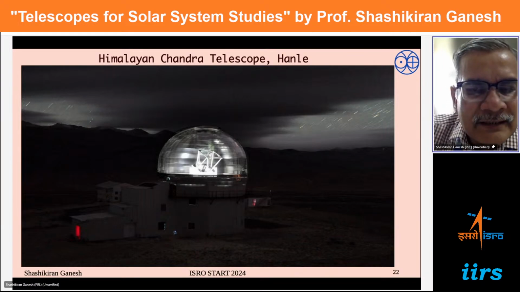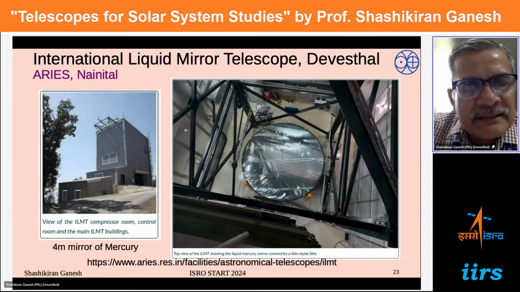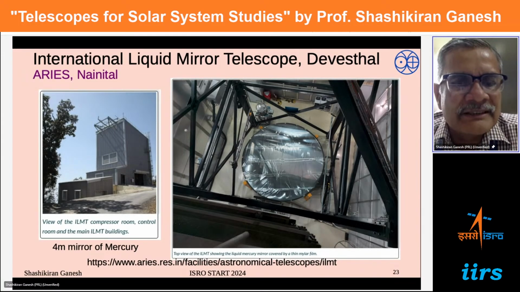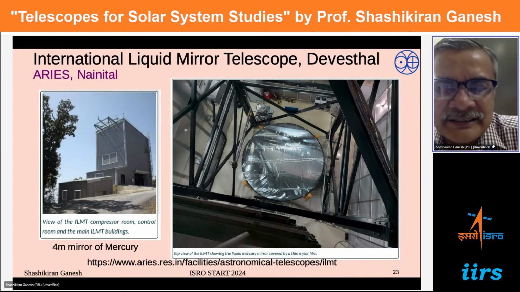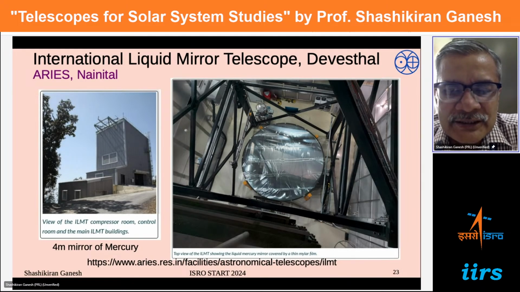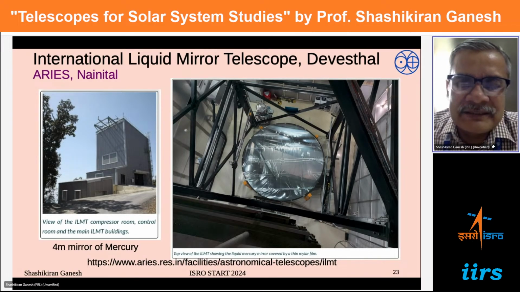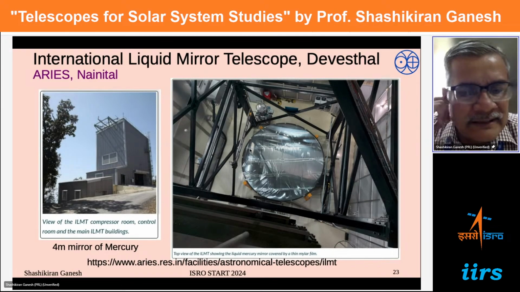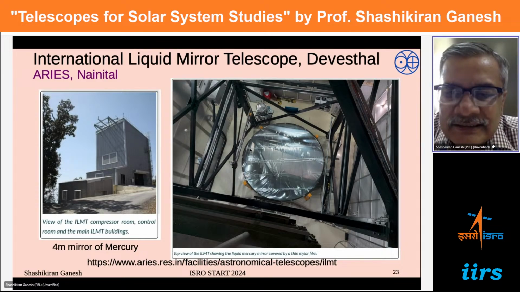Okay. Now, there is another very interesting telescope which has been built. It is the largest telescope in India at optical wavelengths, in fact. And this is the 4-meter International Liquid Mirror Telescope. So the concept is quite interesting. You have a single mirror, which is made up of accurate surface, but then it has, instead of glass, it has mercury sitting at the center.